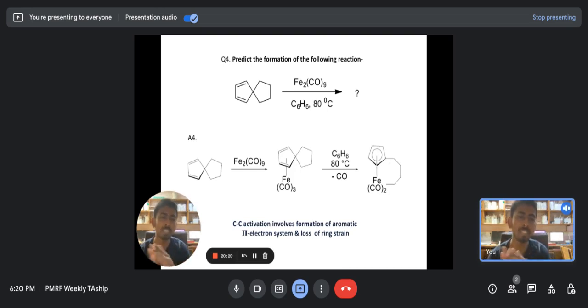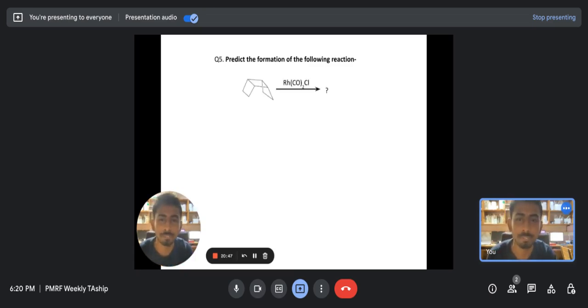That's why this reaction is happening; without this temperature, this reaction would not have proceeded. So from this we get this idea that for C-C activation to happen, release of ring strain plays an important role, and this aromatic pi electron system formation is another driving force behind the C-C activation. So now we will jump to question number 5.